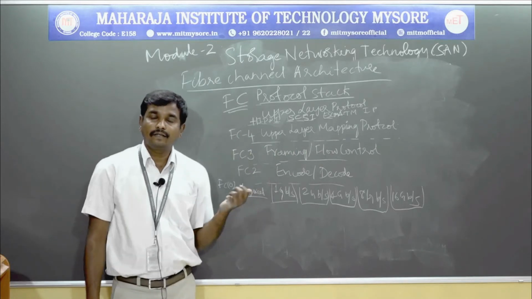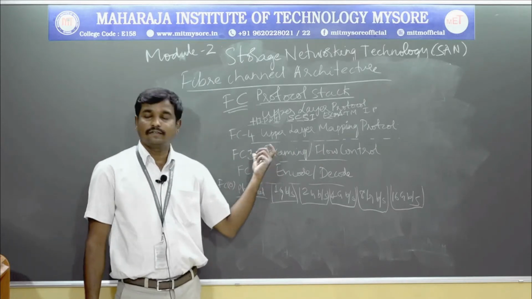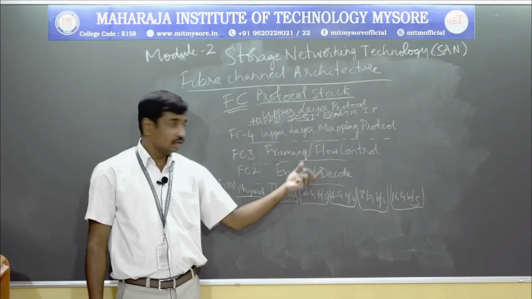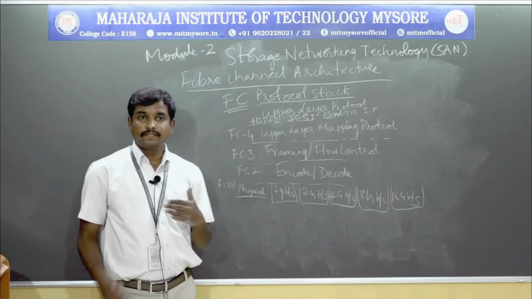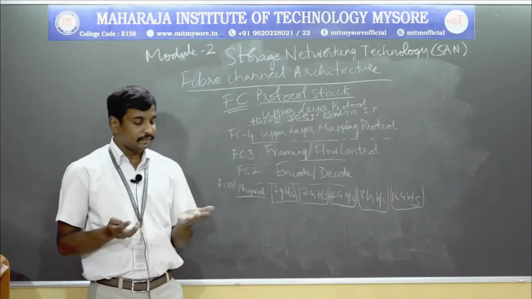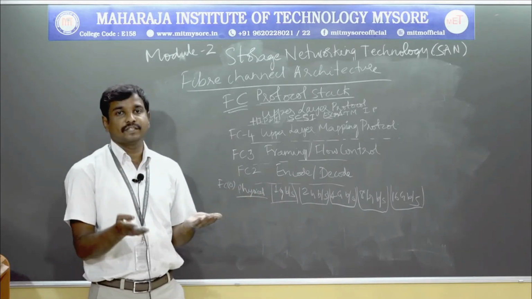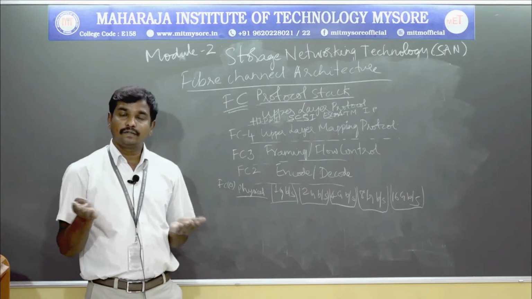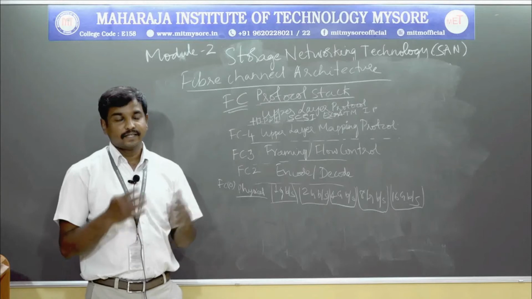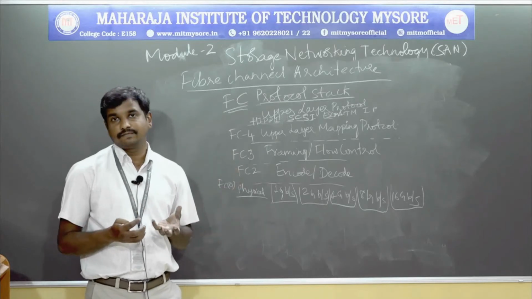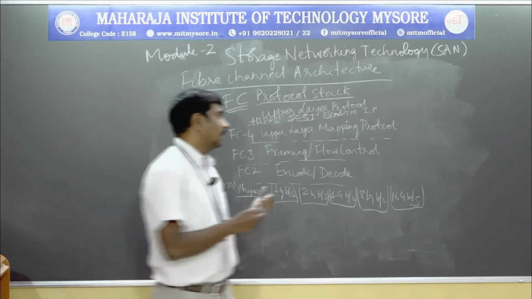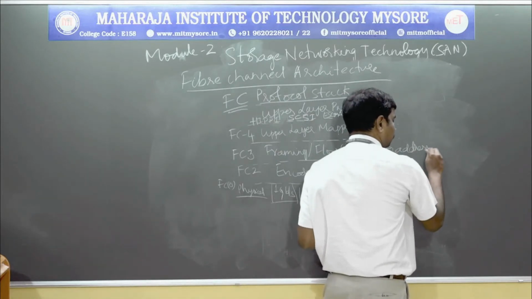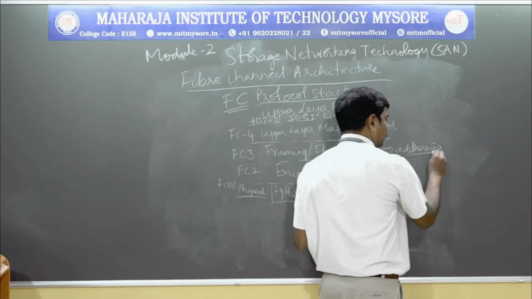What does representing the information in the form of frames and flow control mean? It means the data which is communicating between the host machine and the infrastructure, the data centers, is done through addressing. So each device in the infrastructure is connected through addresses, that means each device has an address.